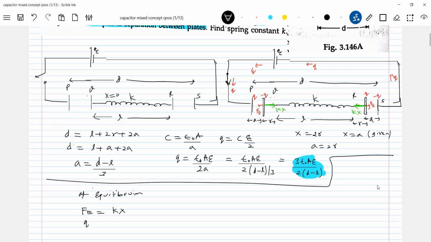What is Fe? Fe is Q square by 2A epsilon naught. K equal to this, x is equal to d, no? We got it here. So substituting this value of Q and solving for K, we'll get the required answer.